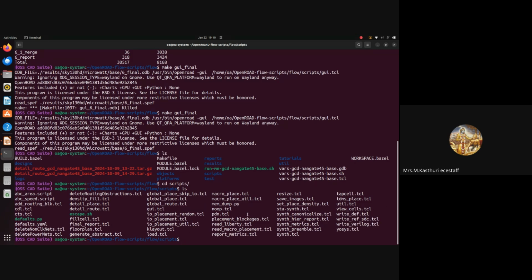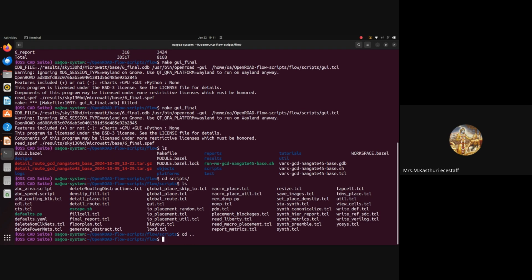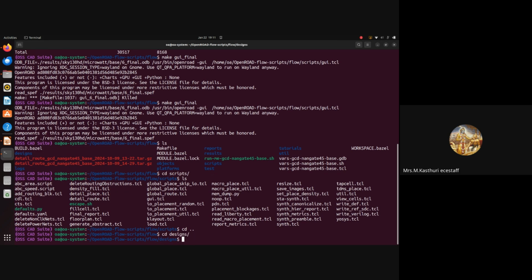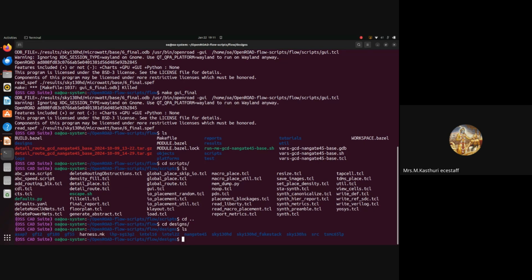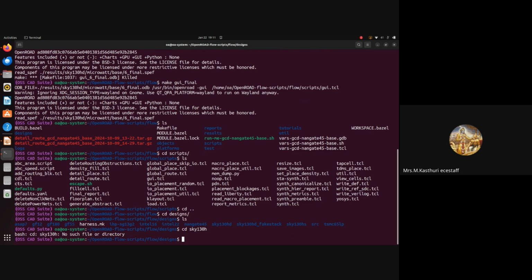Here you can see the scripts. Currently, we are designing for Sky130.